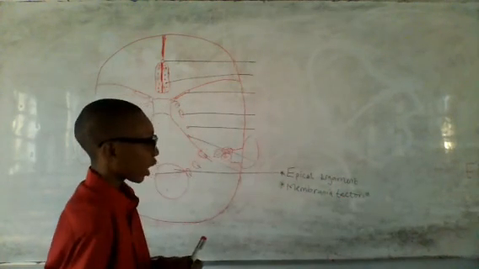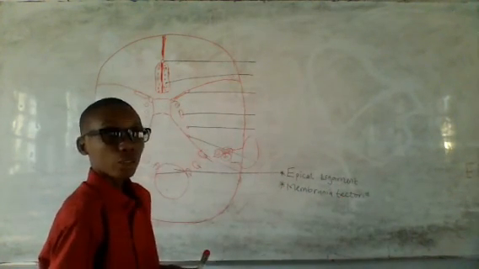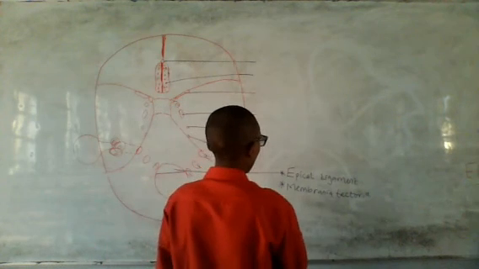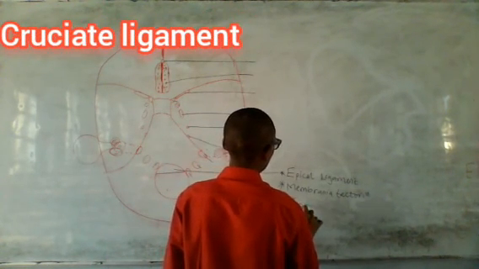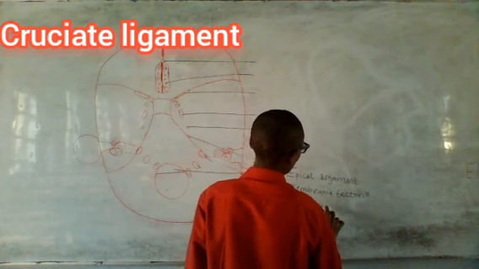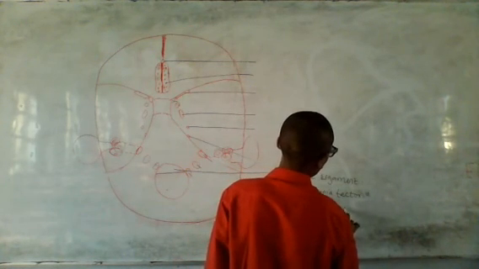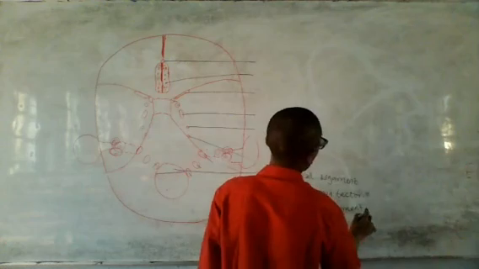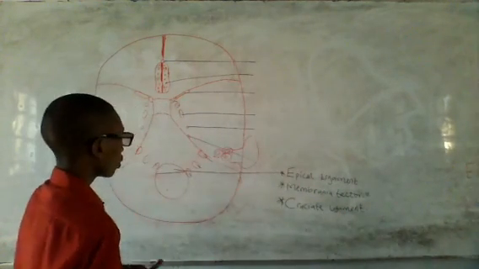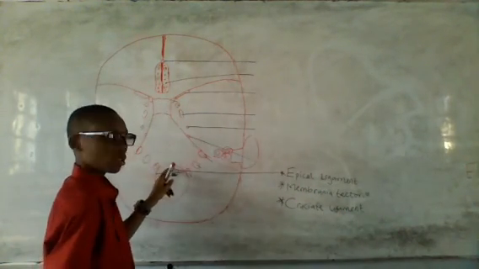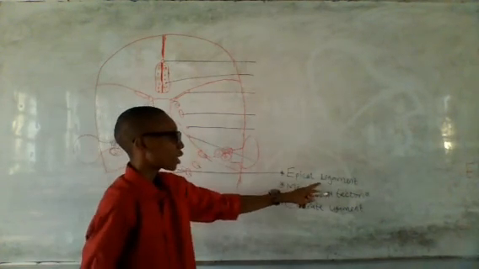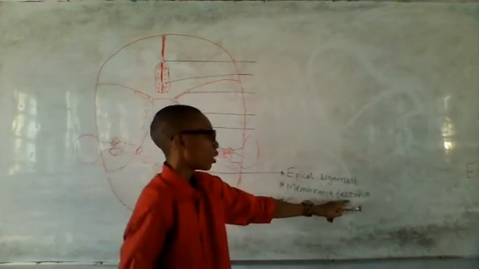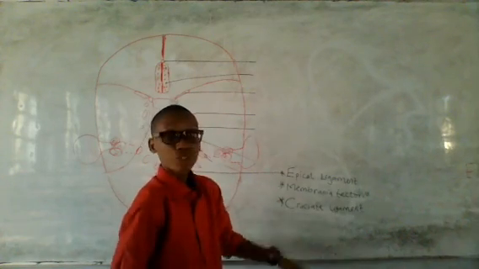So we have the apical ligament, the membrana tectoria, and finally the cruciate ligament. So these are the structures that pass through the anterior compartment of the foramen magnum: the apical ligament, the membrana tectoria, and the cruciate ligament.